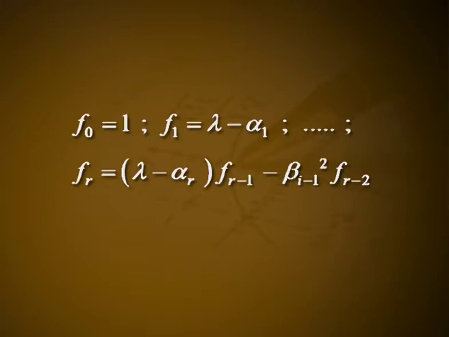Expanding by minors, the sequence Fr satisfies F0 equal to 1, F1 equal to lambda minus alpha 1, and Fr equal to (lambda minus alpha r) times Fr minus 1 minus beta r minus 1 squared times Fr minus 2 for 2 less than or equal to r less than or equal to n.